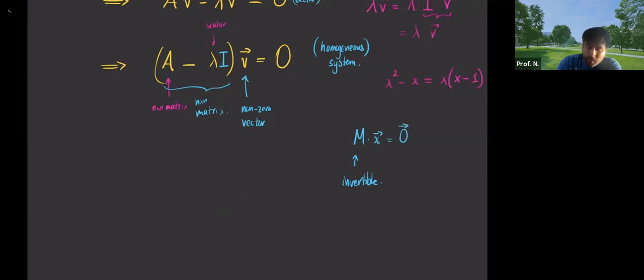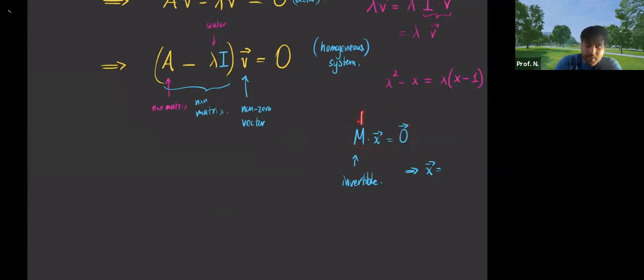if M is invertible, what does it mean by X? What does X have to be then? Anybody? If M is invertible and you're multiplying by a vector X and you're setting it equal to 0, you have a homogeneous system, correct?